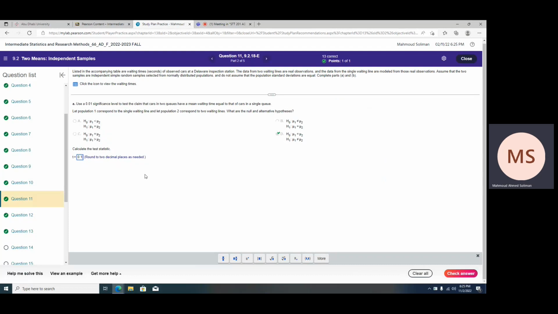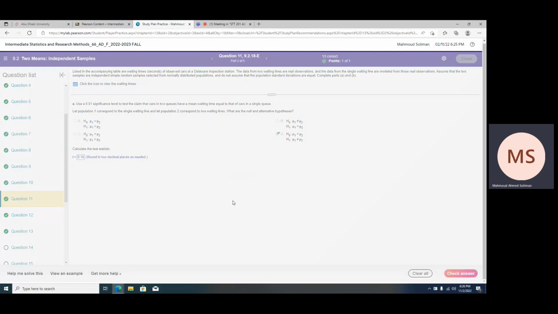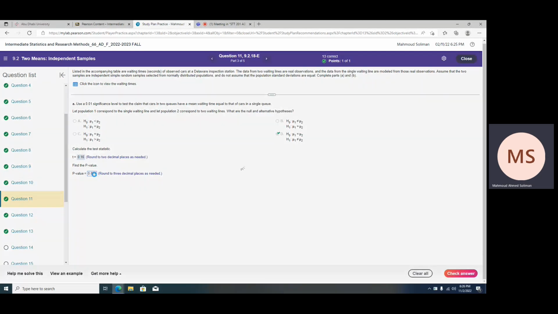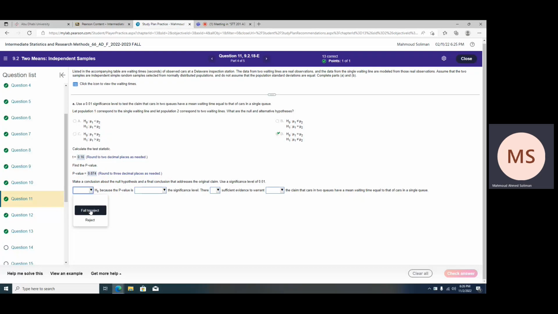2 decimals. The p-value is very big, 0.874. So we fail to reject, because it's greater than alpha, so there is not sufficient evidence to warrant rejection. The original claim is equal, so we're looking for evidence to say it's not the same, to reject the claim.